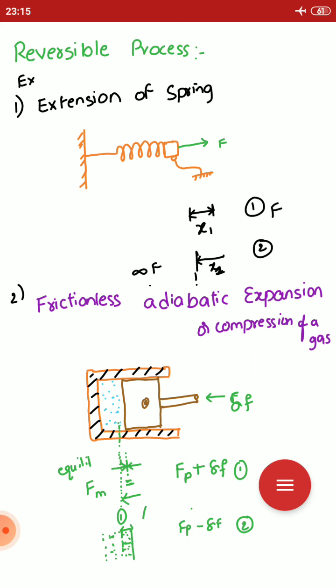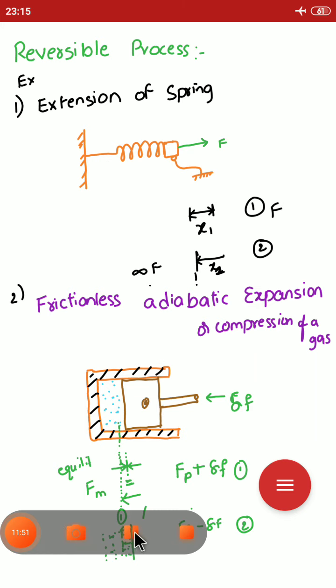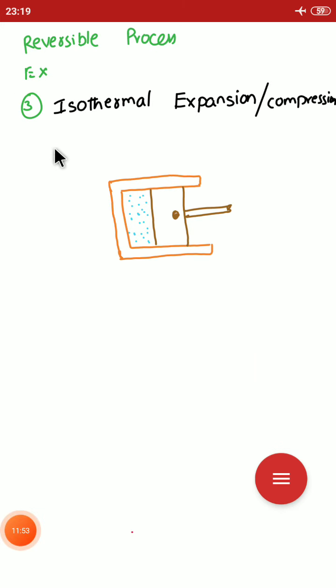Next example is the isothermal expansion or compression of the gas. The third example in the reversible process is the isothermal expansion or compression. Here also is a piston cylinder arrangement, inside is the gas molecules.